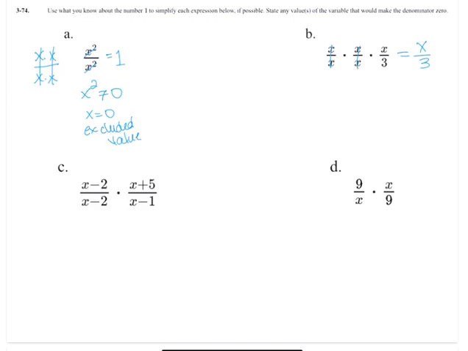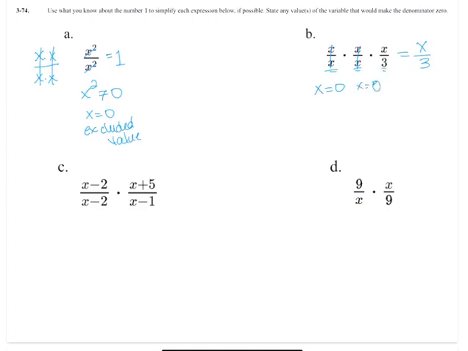But what do we need to look at? We need to look at our excluded values. So we got to look at our denominators. And on this one, we technically have 3 separate denominators, right? So what do I know about this first denominator? I know that x cannot equal 0. We're going to look at that second denominator. It's the same thing. You don't have to write it again, but if you want to, we can. X cannot equal 0.